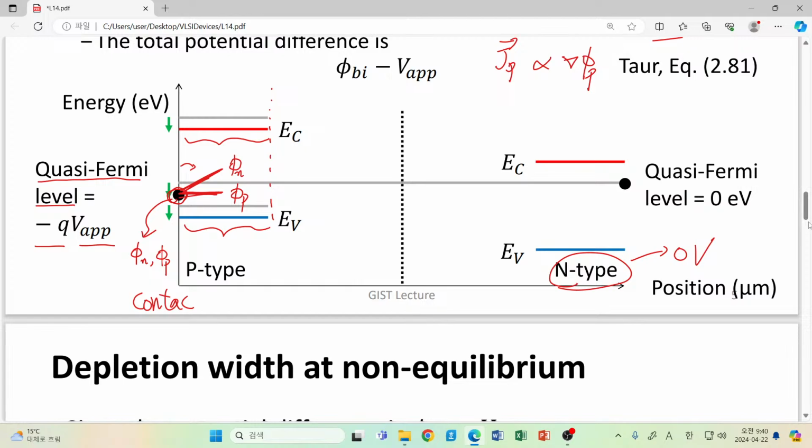They are separated. Also, at this point, both of them are equal to 0 volt.